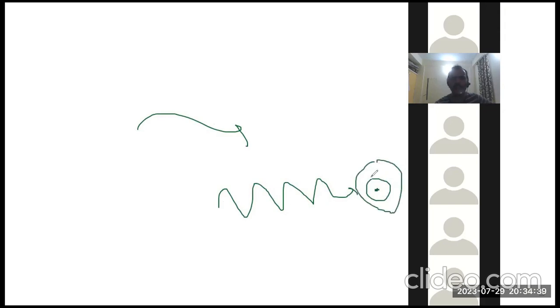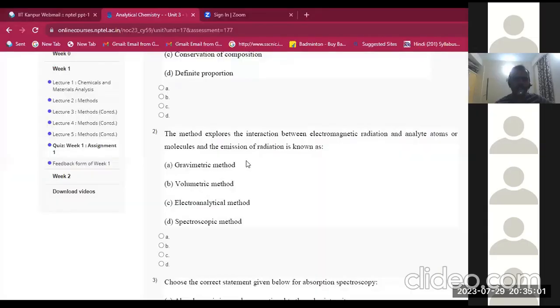What will happen? The electron will jump from a lower level to a higher level, then again it will jump back, so it will absorb some energy and emit some energy. This type of phenomenon will happen, so you can answer this question. The second question is also clear.